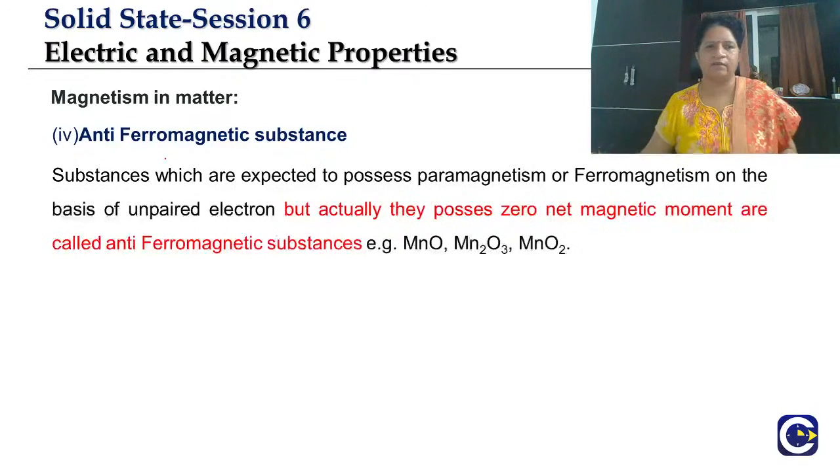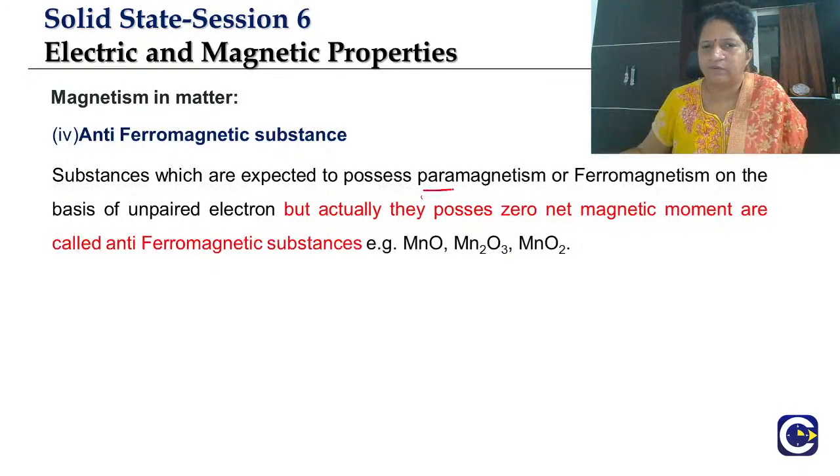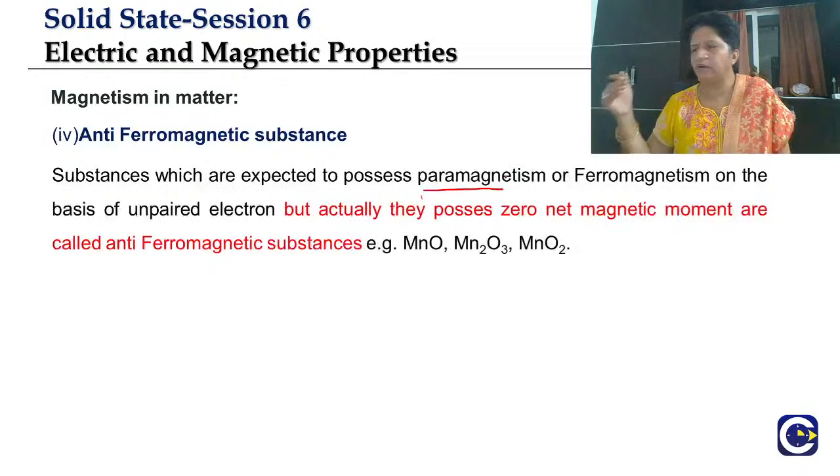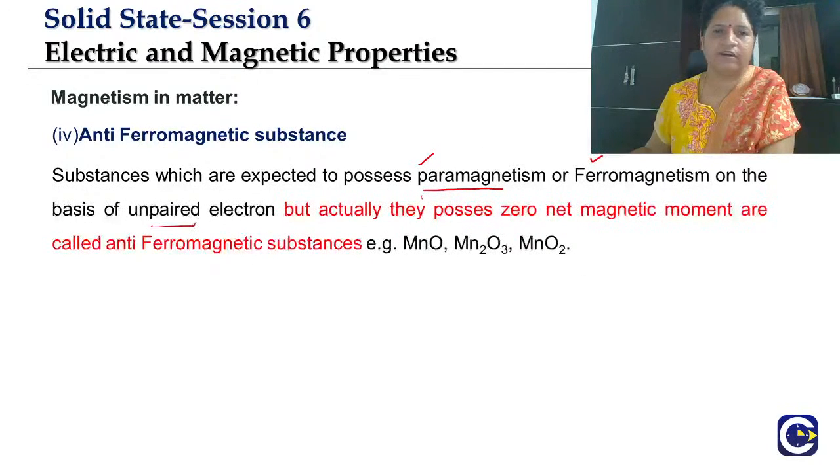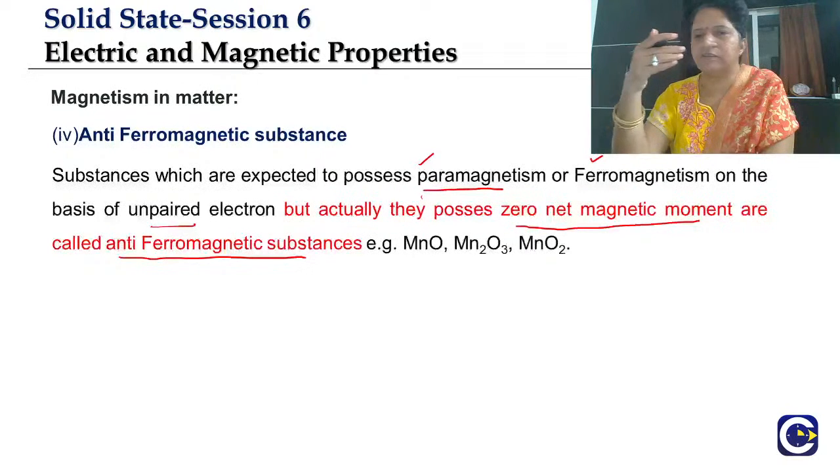Antiferromagnetic substances: if you look at their electronic configuration, based on their electrons we may think they have a magnetic property, paramagnetic or ferromagnetic, due to the presence of unpaired electrons. But the magnetic moment is zero, so it does not have any magnetic property.